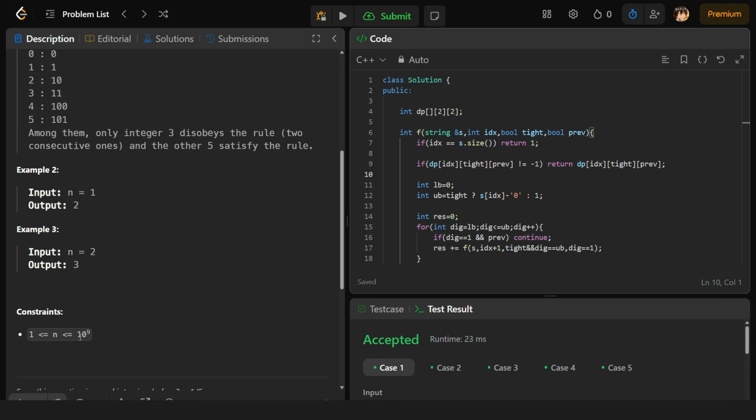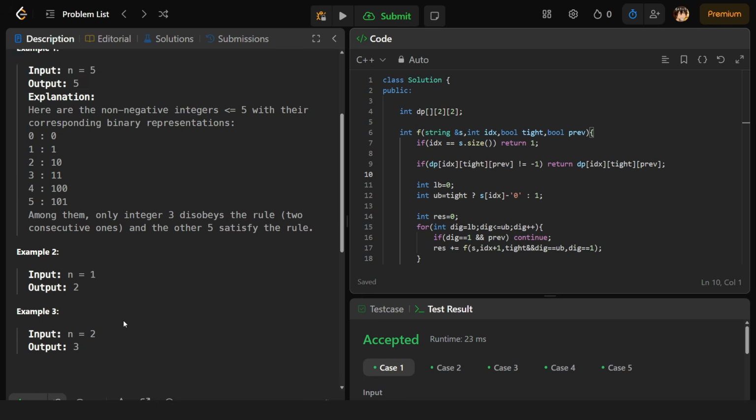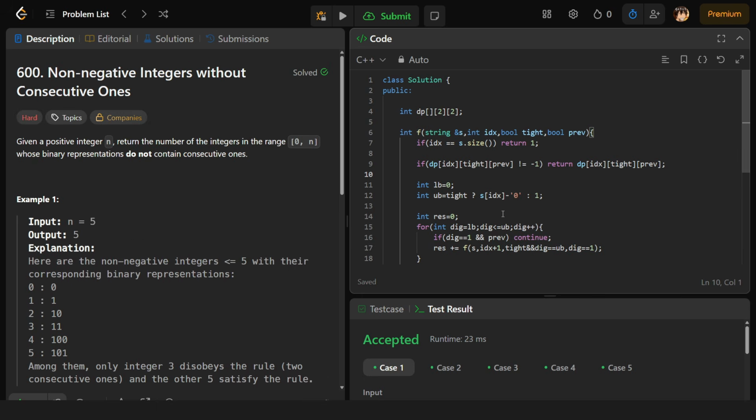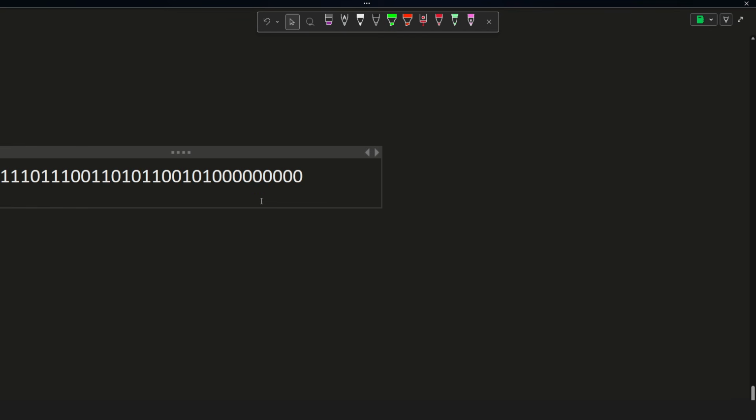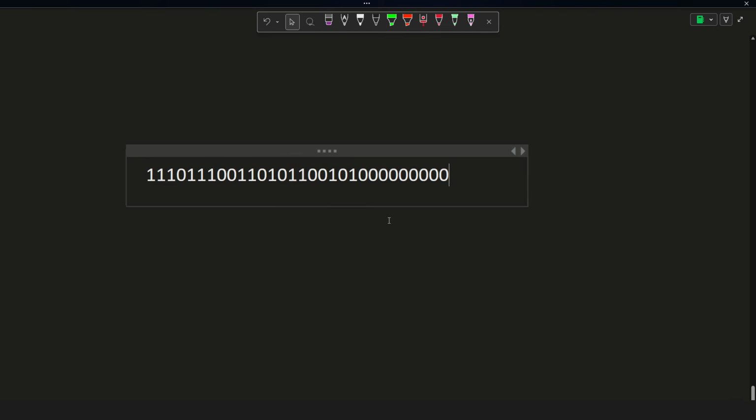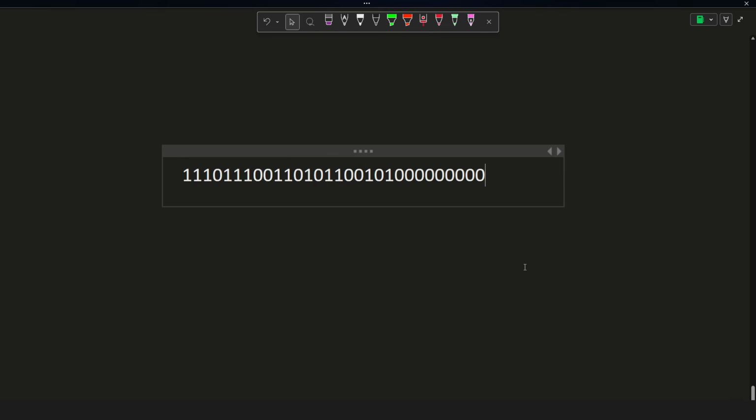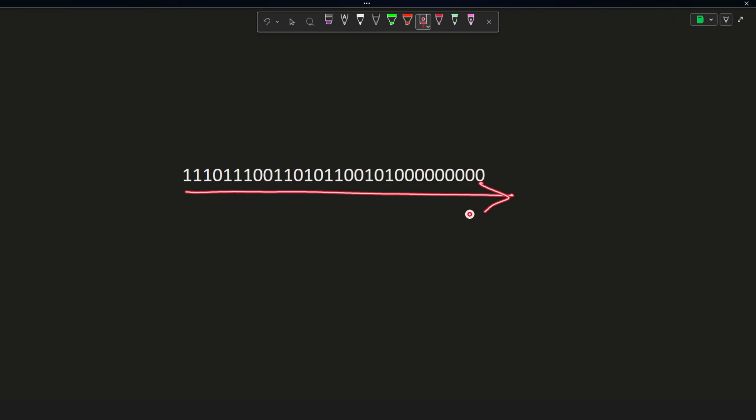So since here the value of n can go up till 10 to the power 9, if you try to write the binary representation of this 10 to the power 9, it will be something like this, right? And we know if this is the case, then we'll start iterating from the 0th index here, right? And we'll go all the way till the last index.